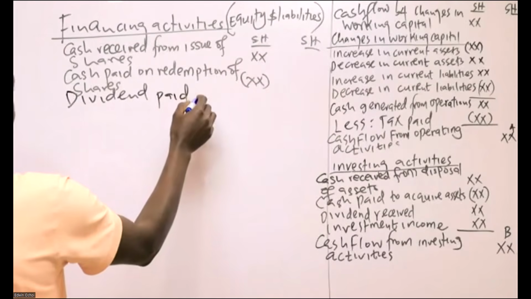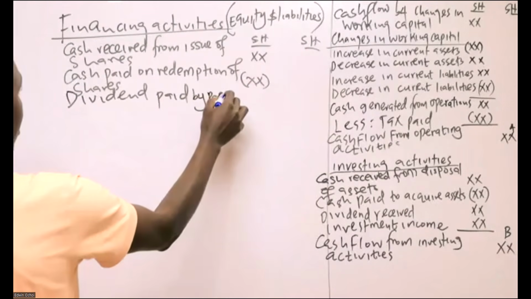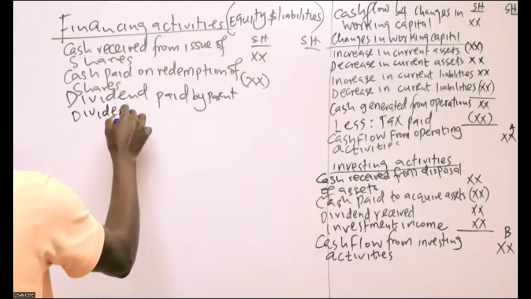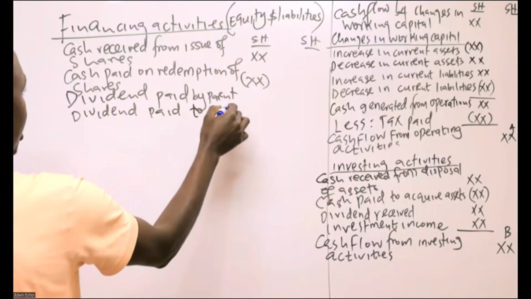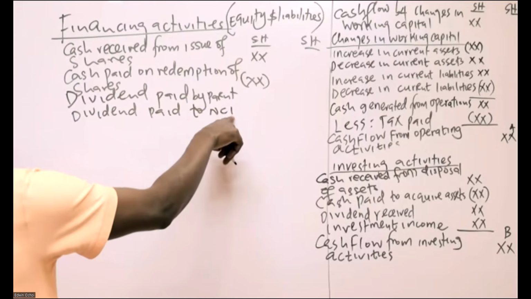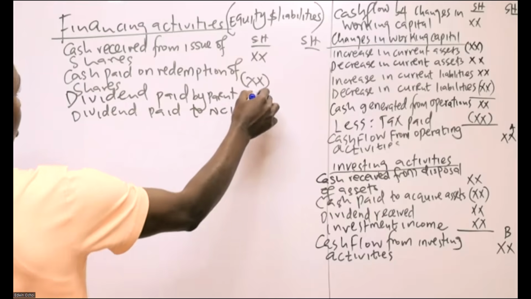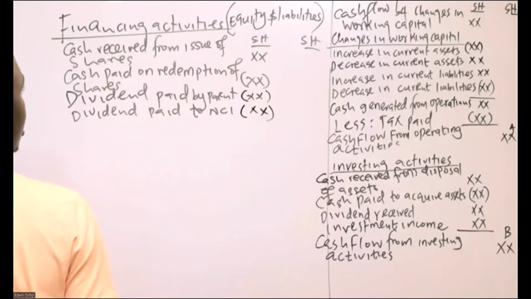Dividends can be paid by a parent, and dividends can be paid to NCI. NCI is minority shareholders, non-controlling interest. So this one, you do what? You deduct money out because it's paid.